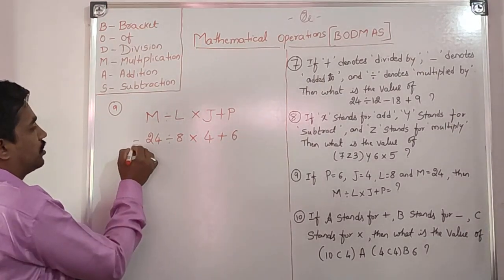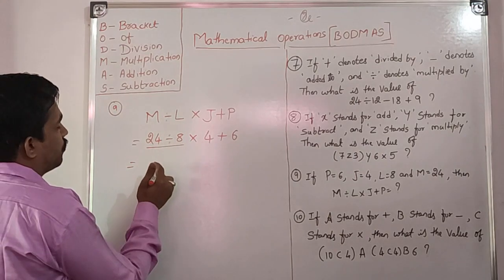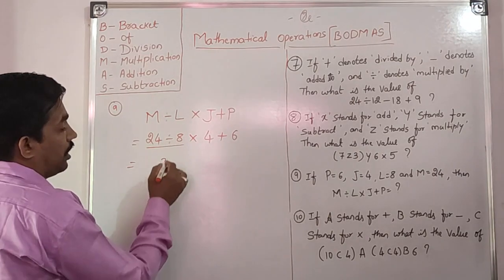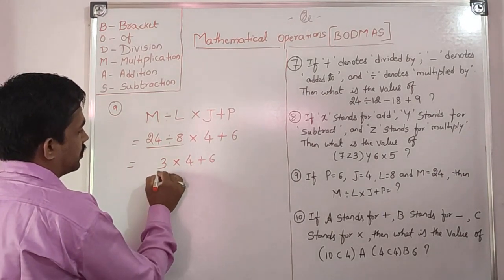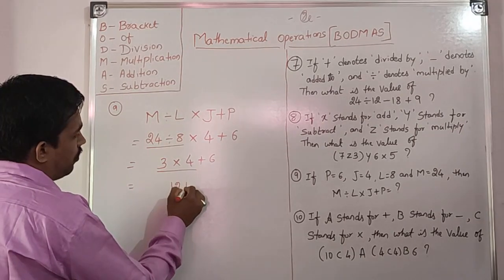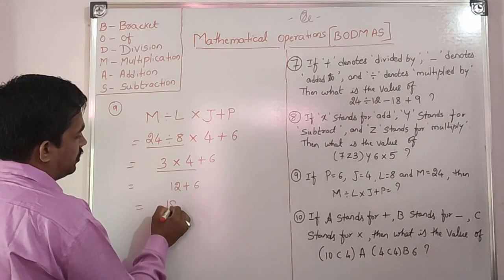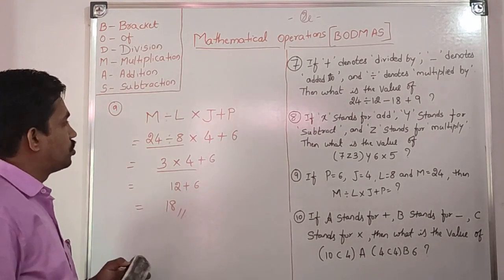So according to BODMAS rule, we have to solve division first. So 24 divided by 8, it is 3 into 4 plus 6. Now 3 4s are 12 plus 6, that is 18. So 18 is your answer for the ninth question.